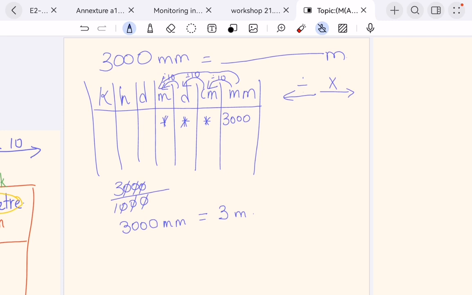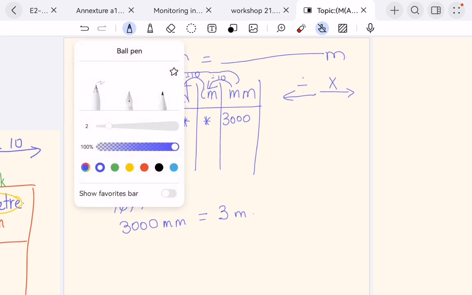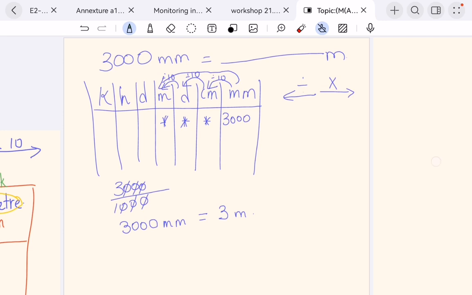Just for another example, let us do the following. If I have 40 millimeters and I want to find out how many centimeters there are, let's check. From my table under millimeters, I have 40 millimeters, and I want to go to centimeters.